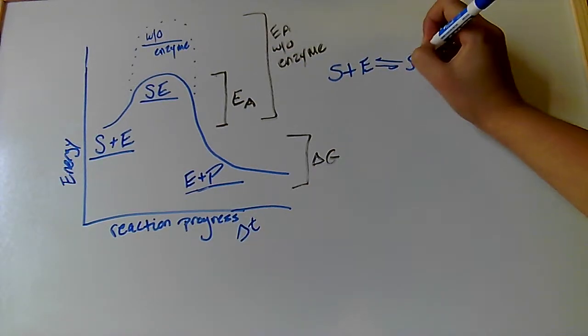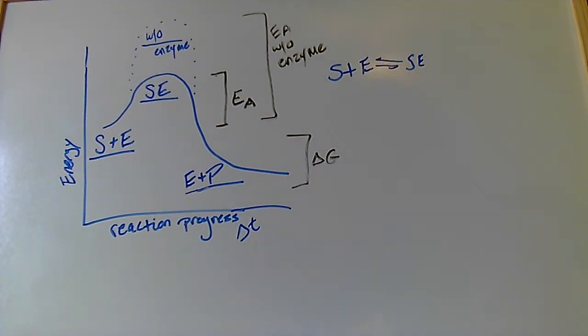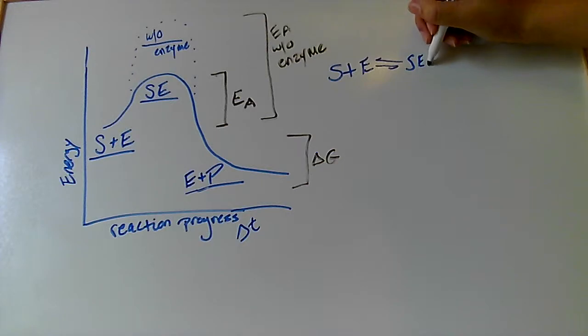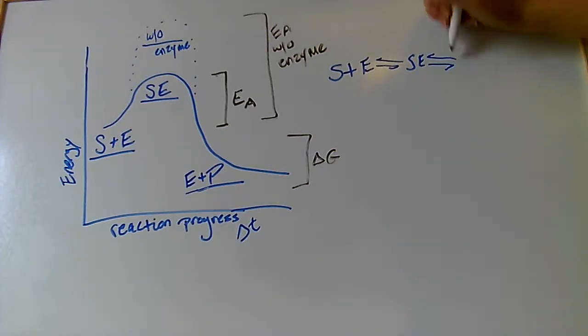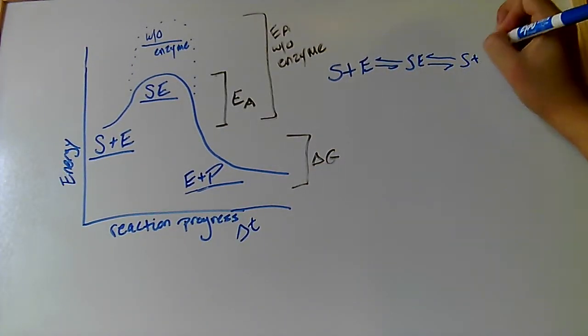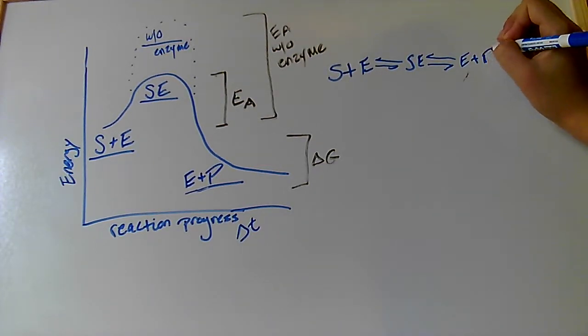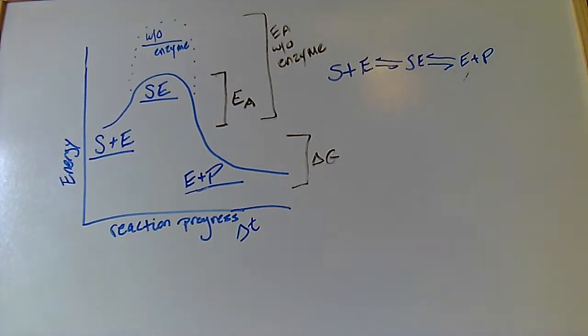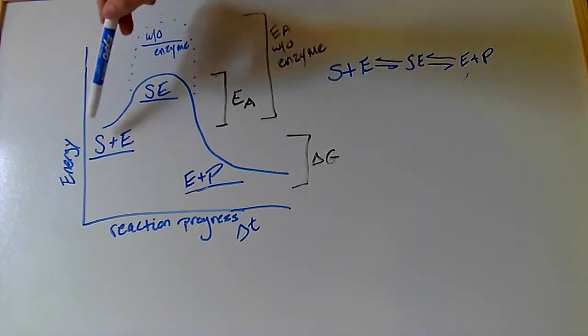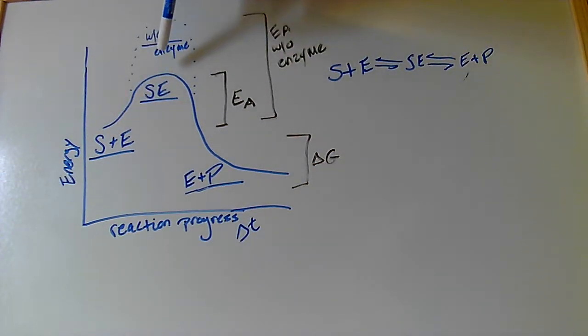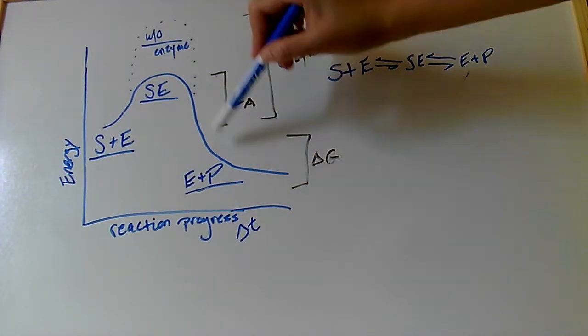Then you'll have the substrate enzyme complex after they've bound to each other, and then you'll go all the way to having enzyme plus product, because the enzyme doesn't get used up. So that's our basic reaction. You have substrate plus enzyme for this first step. This set of arrows represents this incline in the reaction diagram. Then this second set of arrows represents this drop.